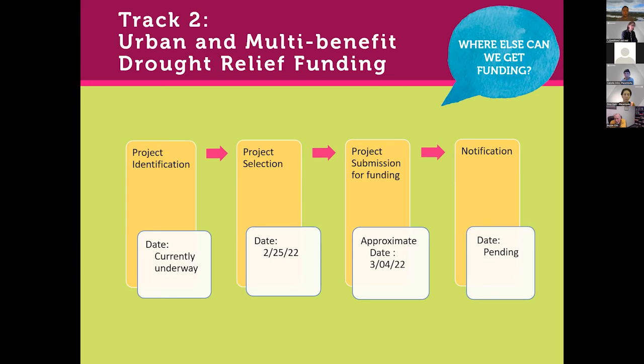So it's fast tracked. But what we need here, or what would be the best for us, would be to find shovel ready projects. So we don't have time to do the engineering, the CEQA, all of that work necessarily for this funding track.